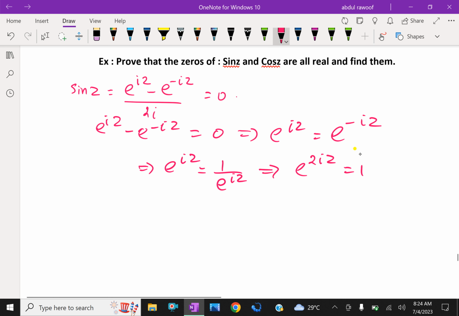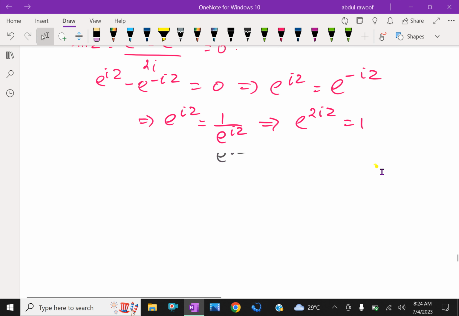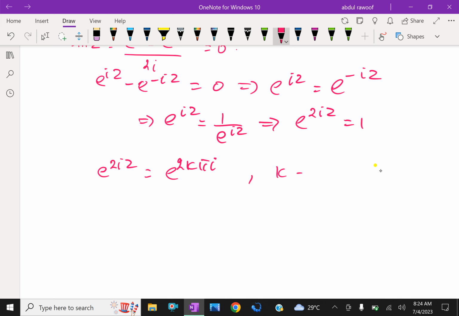So from this, instead of 1 you can write e^(2kπi), where k equals 0, plus or minus 1, plus or minus 2, and so on.